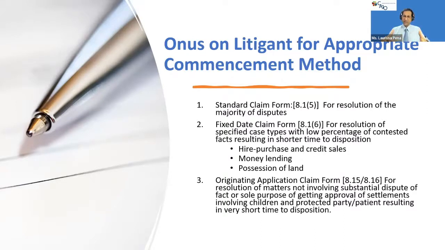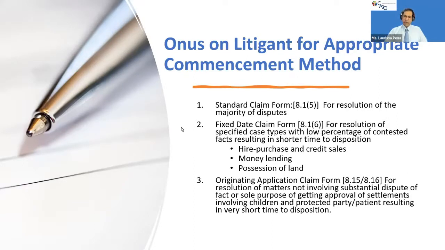The rules provide for 3 examples: hire purchase and credit sales, money lending, and the possession of land. So if a matter falls into any of those 3 categories and there is going to be little or no dispute of facts, then they are appropriate for a fixed date claim form.